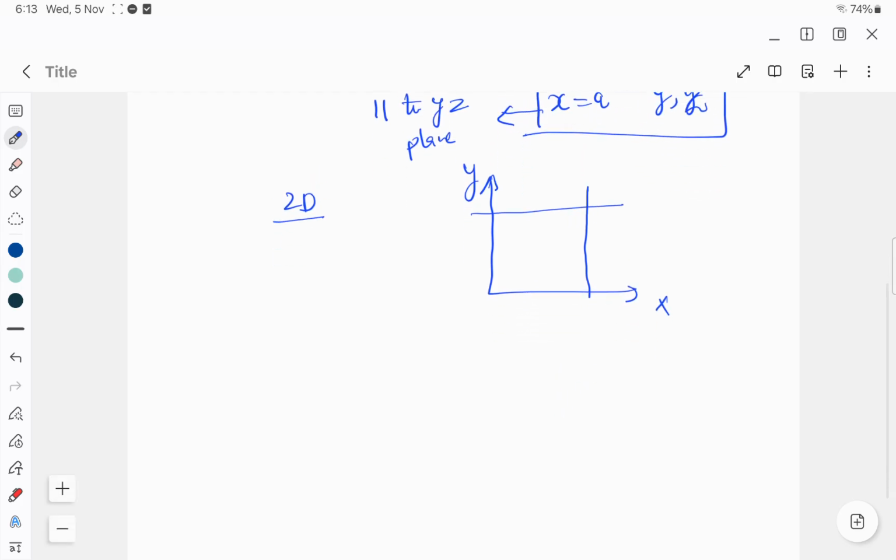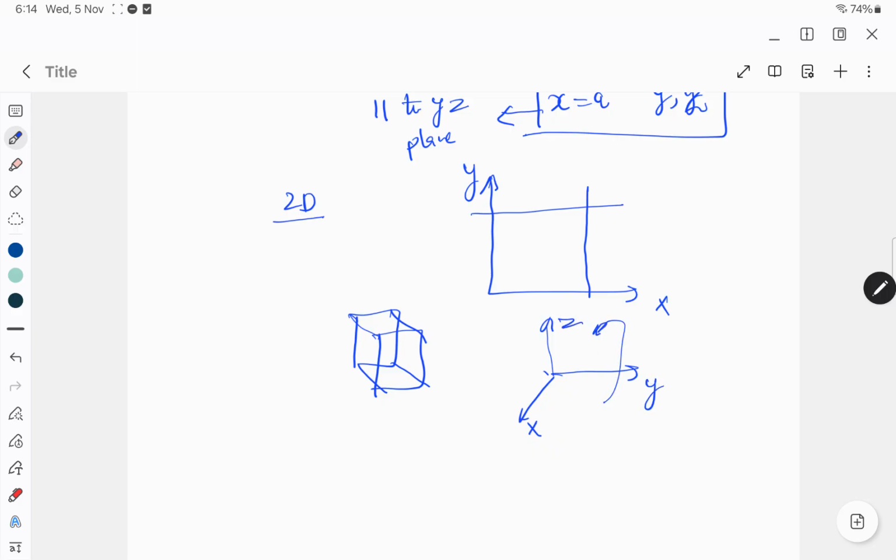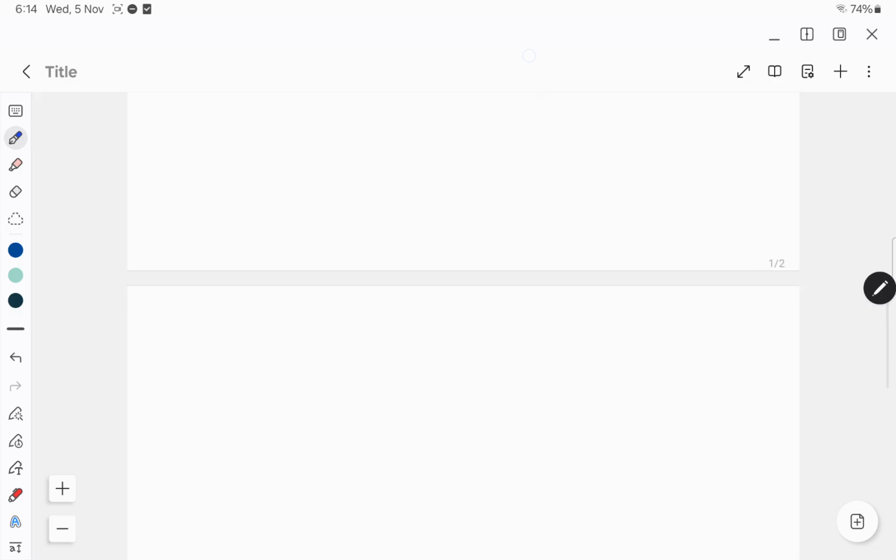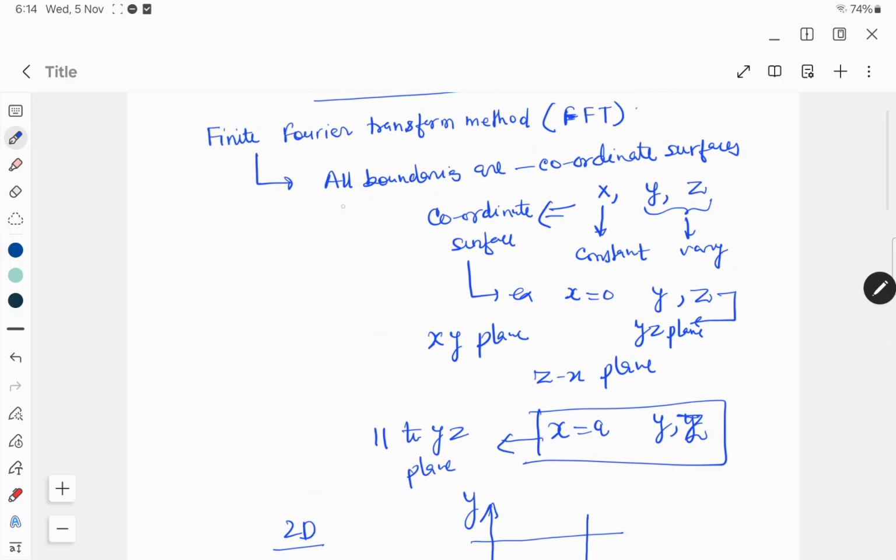In a 3D example, the boundaries could be a cube whose surfaces are parallel to the xy, yz and zx planes. Suppose this is x, this is y and this is z, taken in the anti-clockwise direction. So the very first condition is that all boundaries are coordinate surfaces. The FFT method is applicable only to linear problems in which all boundaries are coordinate surfaces.